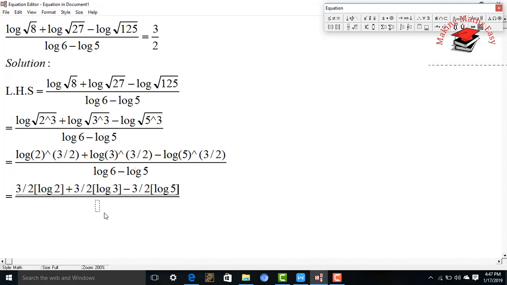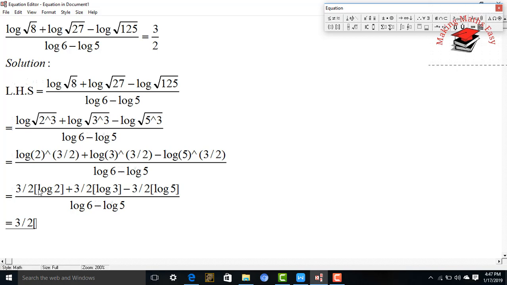Now come to the denominator, log of 6 minus log of 5. Now the next step will be, we will take 3 by 2 as common in these three terms. So 3 divided by 2 can be taken outside.